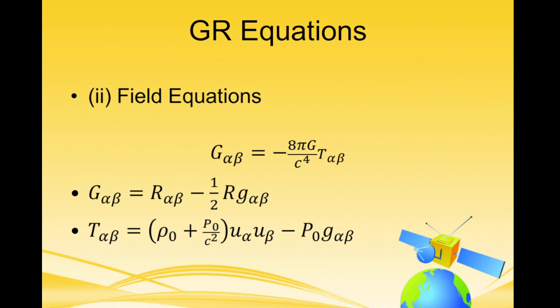So the right hand side, what we call the stress tensor, has contribution from the density and the pressure. Okay, while the left hand side comes directly from the metric tensor.